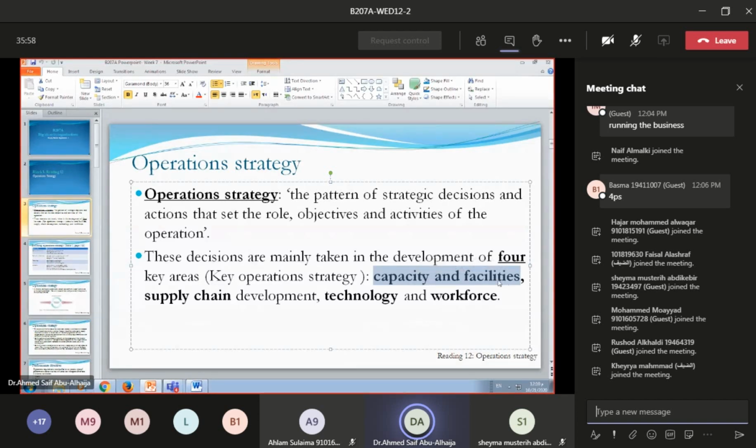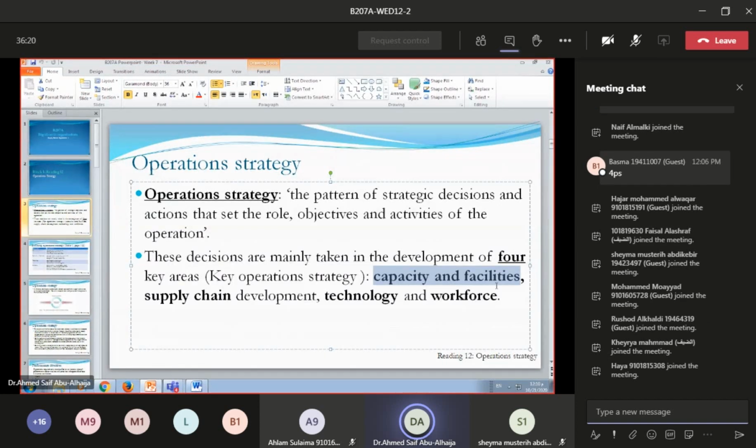It's about the facilities, the capacity, the people, the customers, the workers, the ingredients, the materials, the information. This is under the inputs. So capacity and facilities are one part of the inputs, which you need to use in order to produce a product or manufacture some other goods. That's the meaning.